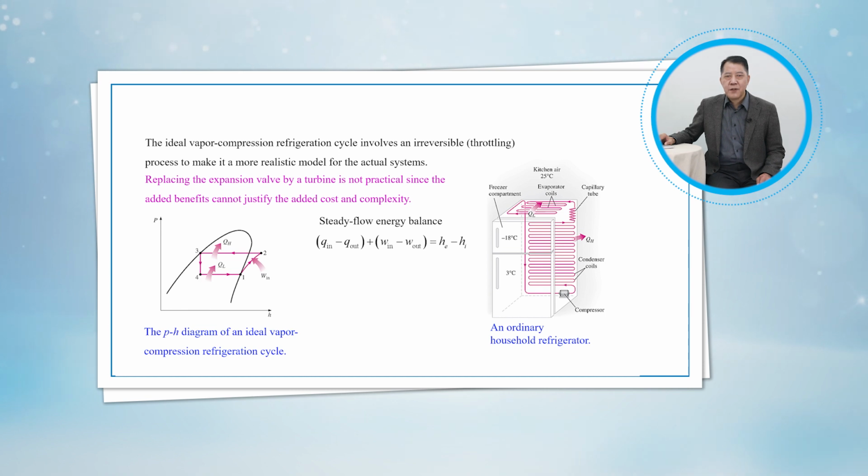Then the steady flow energy equation on a unit mass basis reduces to the following. The condenser and the evaporator do not involve any work, and the compressor can be approximated as adiabatic. Then the COPs of refrigerators and heat pumps operating on the vapor compression refrigeration cycle can be expressed as follows.